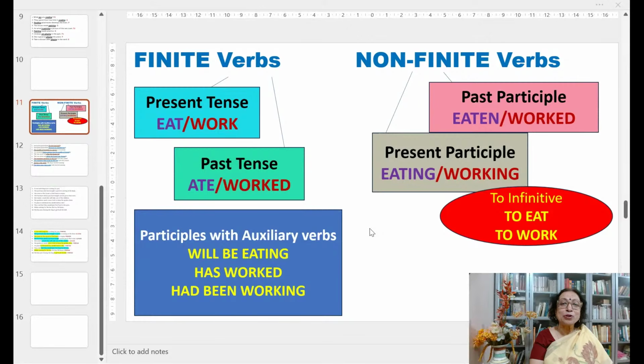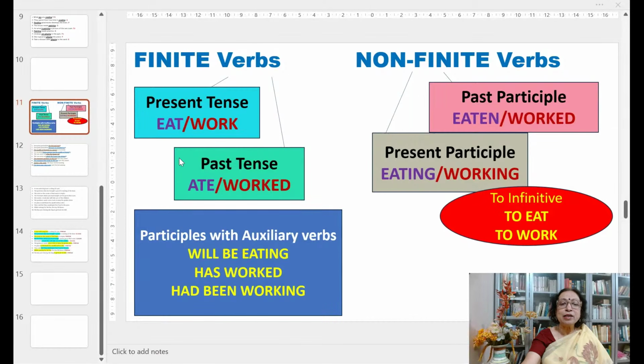That's the best way to learn grammar, not only by reading books. Many people ask, which book to read? There are hundreds of books. I'm giving you the gist of all those hundreds of books in these videos, but I cannot recommend a single book. So without a helping verb, this category of words is non-finite.